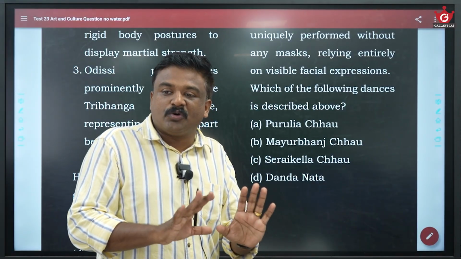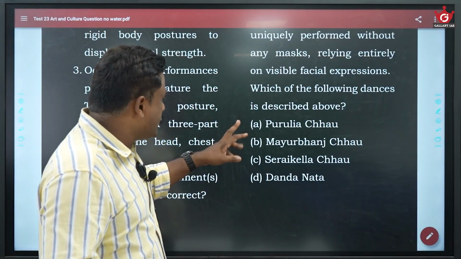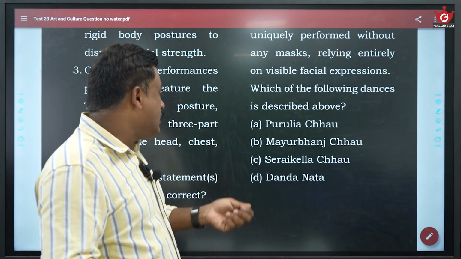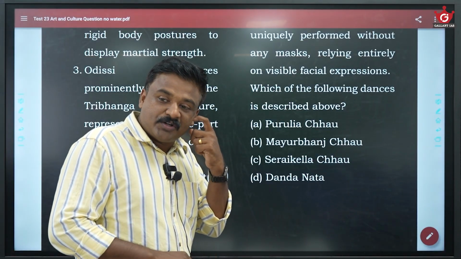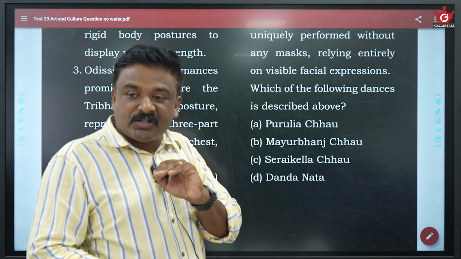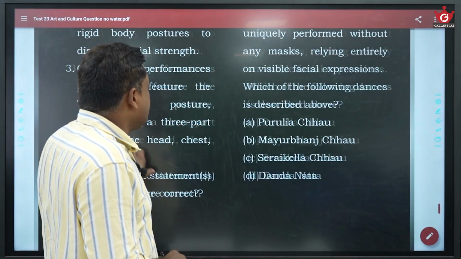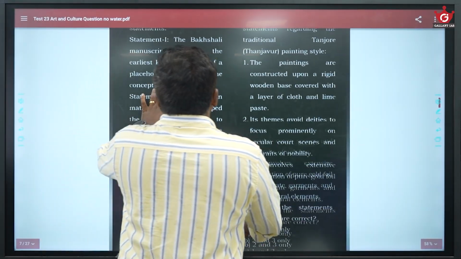That basic distinction is enough here. Purulia Chhau and Seraikela Chhau use masks. But Mayurbhanj Chhau gives importance to facial expressions and is without a mask. Dandanada is totally different. Question number 15.